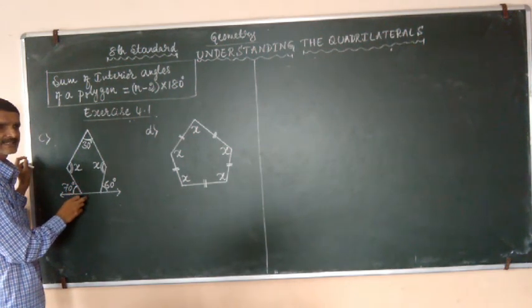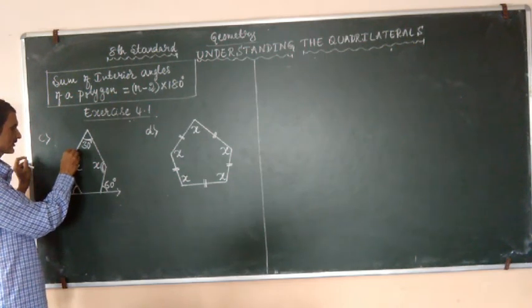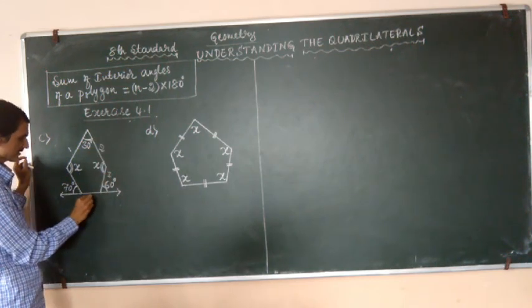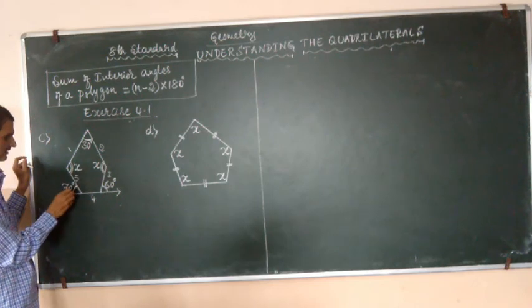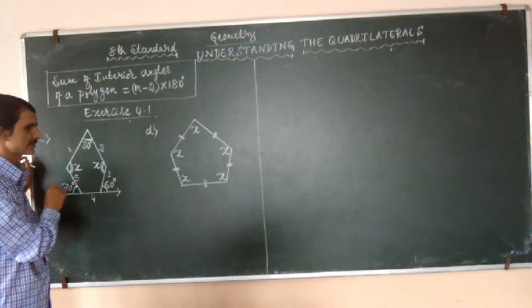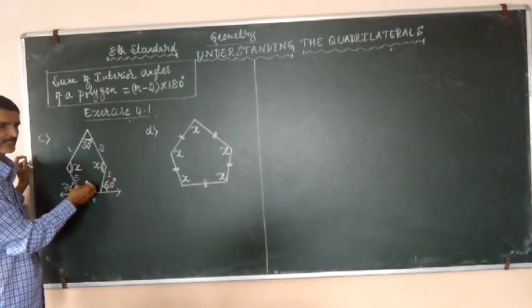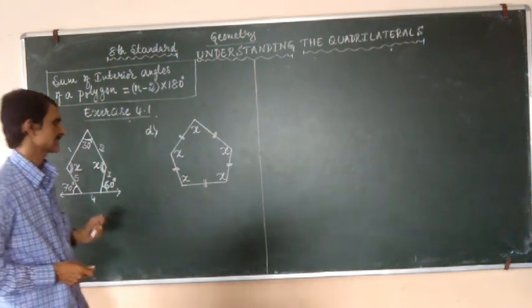It is a pentagon, because it has 5 sides. Now we shall calculate the value of x.